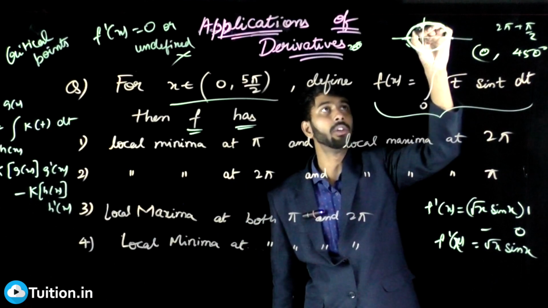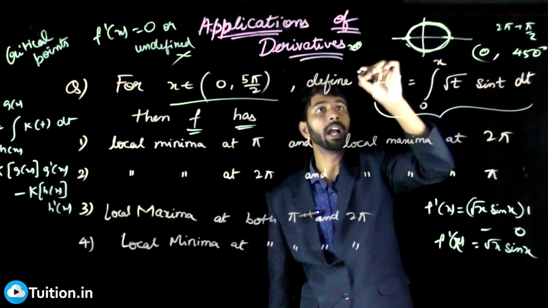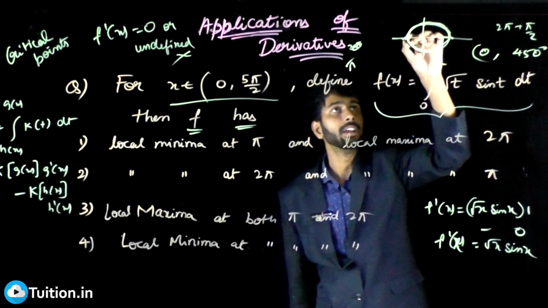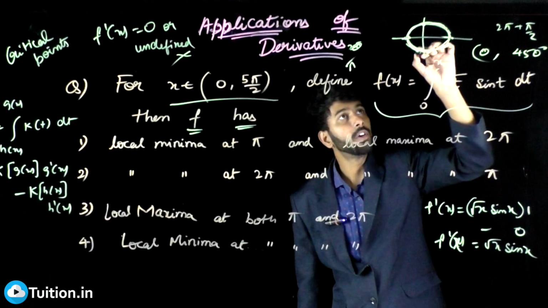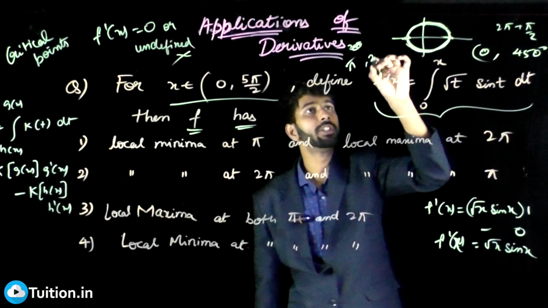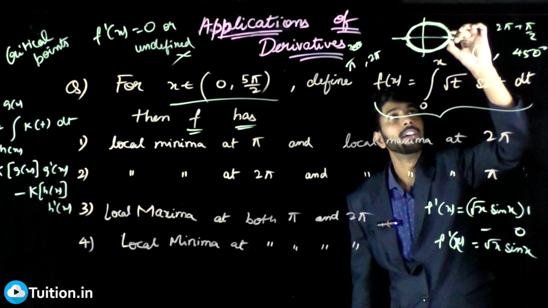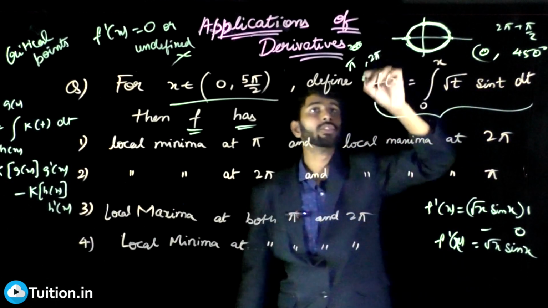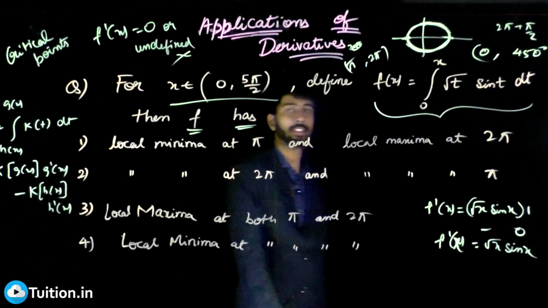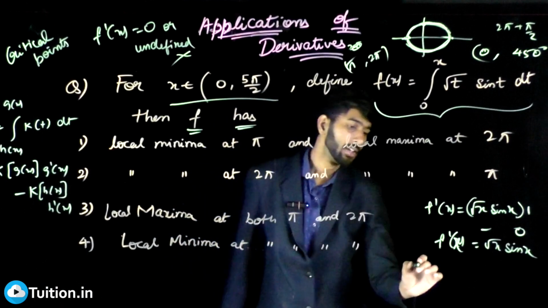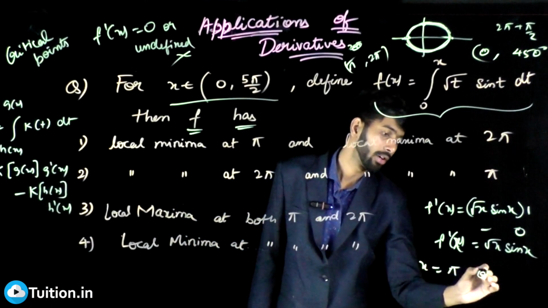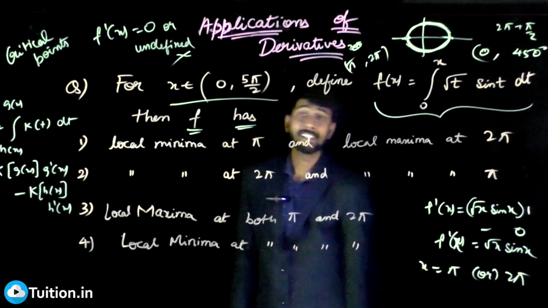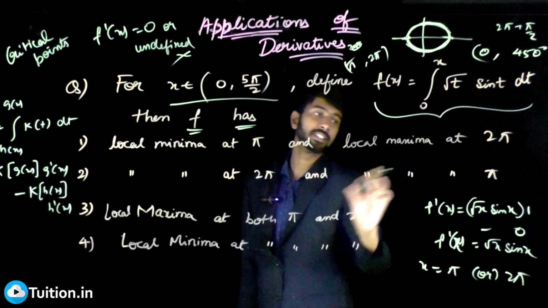Sine becomes 0 at pi, and after that nowhere again, and then at 2 pi it becomes 0 again, and then you have to stop here anyway. So there are only two values where this function becomes 0, so x equals pi or 2 pi. That is the reason you have only pi's and 2 pi's in the options.